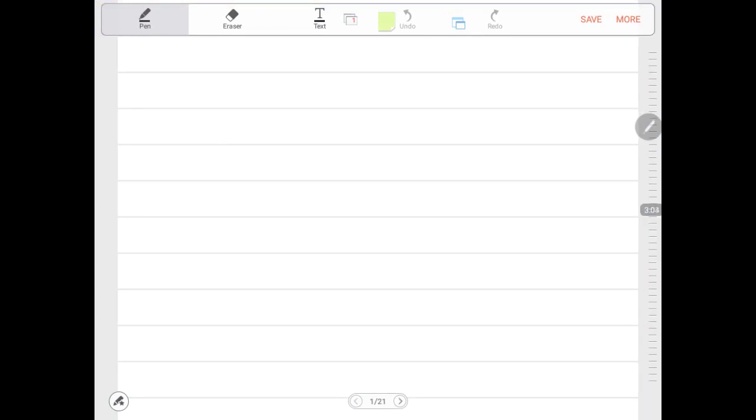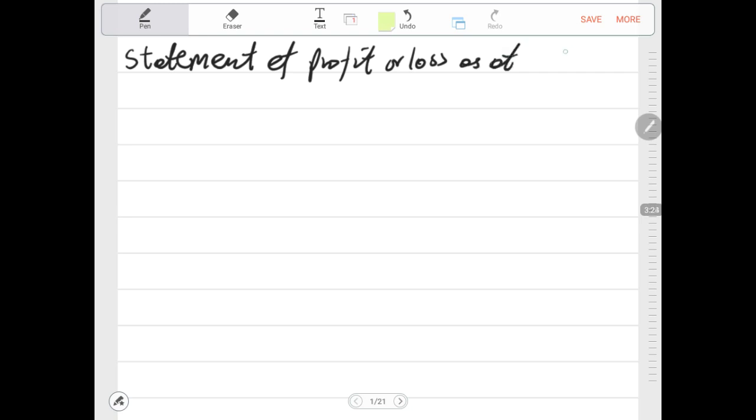Now let me start recording in the statement of profit or loss. It's very important that you know what gets to be recorded in the statement. Statement of profit or loss as at 31st of December in the year 2006.